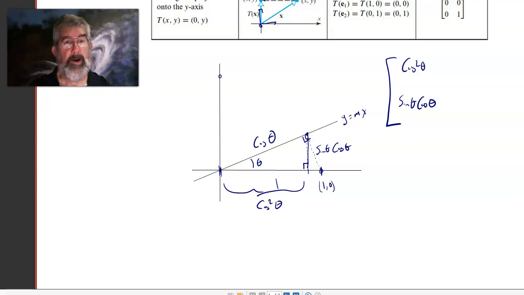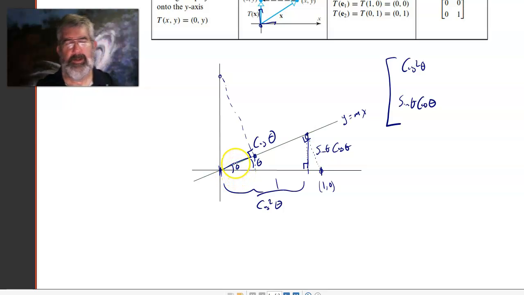Now I have to do the same thing to get the second column with the point (0, 1). So take this, perpendicularly project down to there. I'm looking for the coordinates of this point. Well, if I knew that hypotenuse, I could then drop a perpendicular down here to get the x and y coordinates, because I know that this angle is theta.